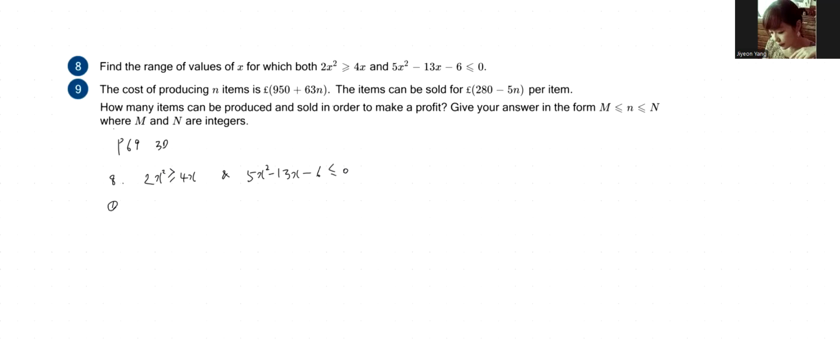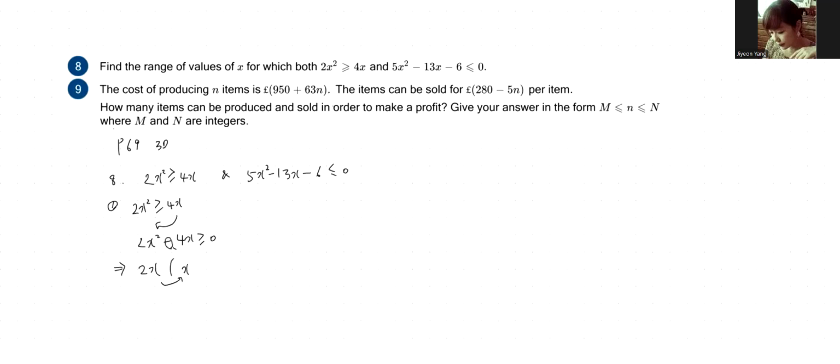Firstly, 2x squared is greater than or equal to 4x. Then we should move 4x to the left side. So 2x squared minus 4x is greater than or equal to 0. Then you can factorize it by taking out the factor 2x, open the bracket. To make 2x squared, it needs x. Then here, minus.